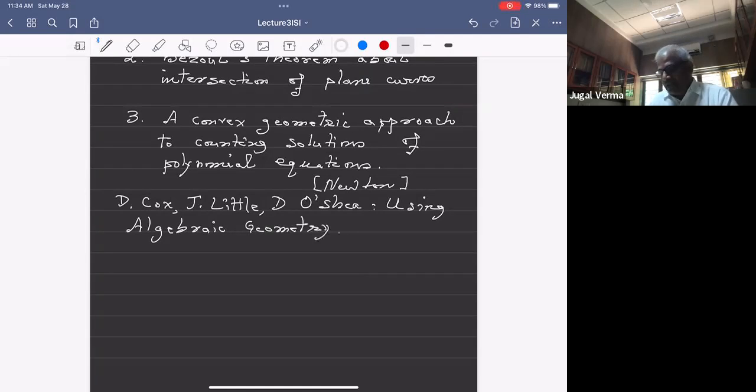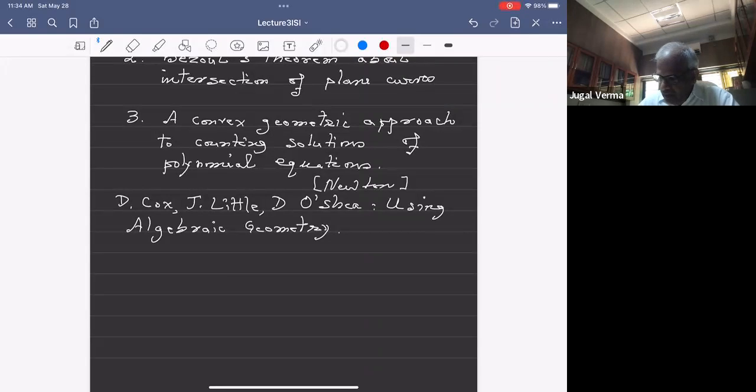So this book explains classical topics in algebraic geometry with applications and computational aspects. It emphasizes applications and computations. It is a highly readable book. So I advise you to look at the topics that I have covered in these 3 lectures in this book first. And there are many interesting exercises.